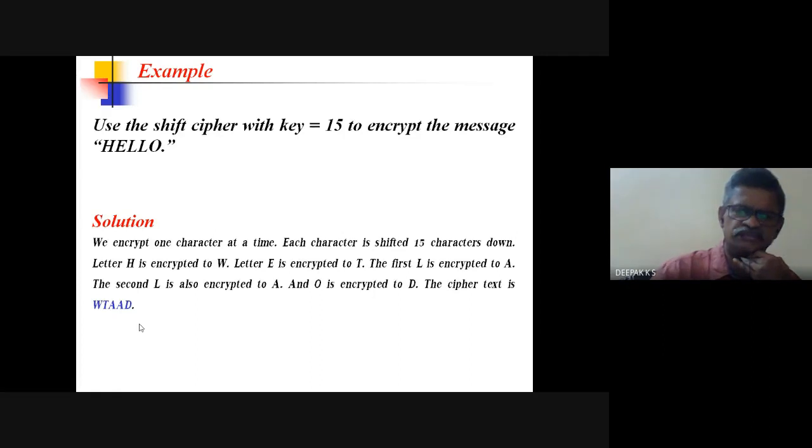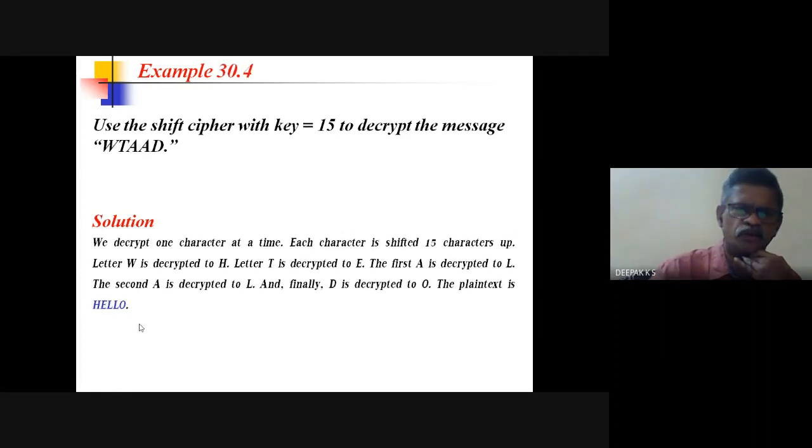So you just shift it. When this is received, you shift 15 characters up and you get it back. So this is the earliest form.